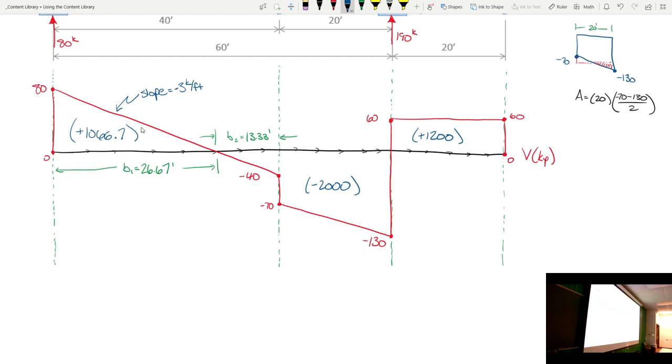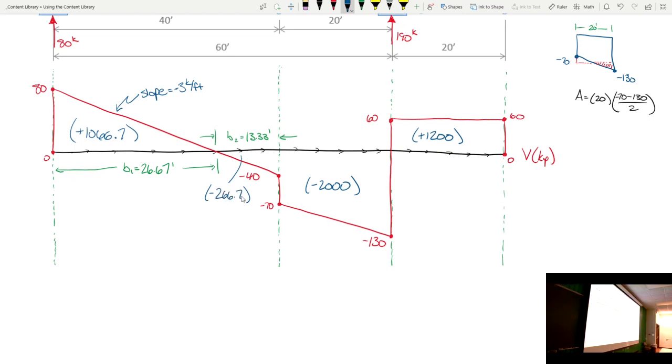Now, what about this one? What is 1/2 of 40 times 13.33? Probably something negative. I'm getting like 266.7.